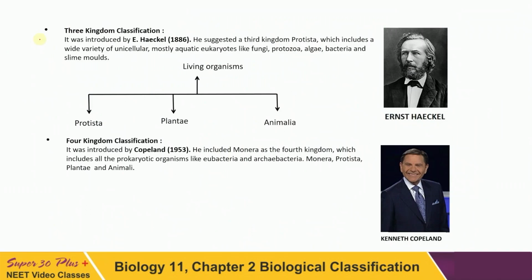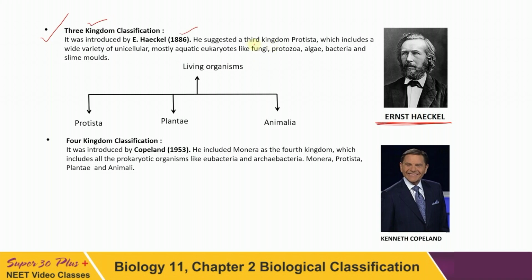The three kingdom classification was proposed by Ernest Haeckel, a well-known biologist, in 1886, about 100 years after Linnaeus.